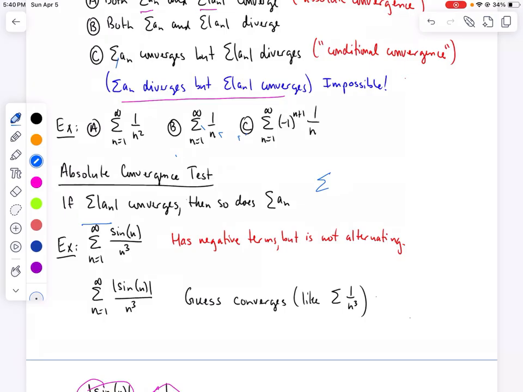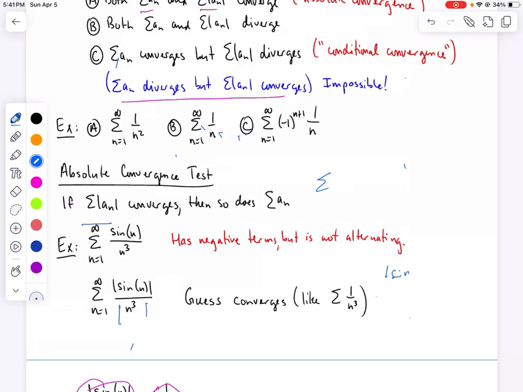Then we have the summation, n equals 1 to infinity, of the absolute value of sin n over n cubed. We don't need the absolute value on the denominator because n starts at 1 and goes to infinity, so it will never be negative. But in the numerator, remember the sine stays between -1 and 1.